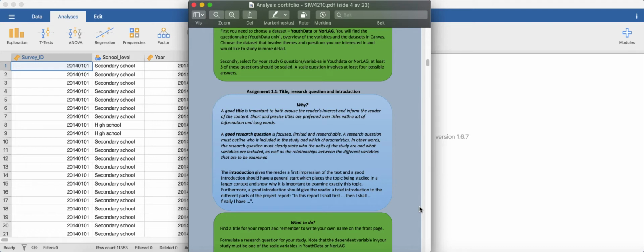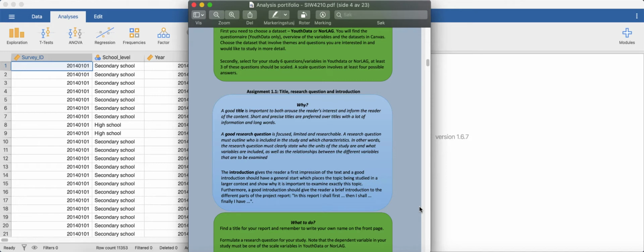A good research question, again, is focused, limited, and researchable. A research question must outline who is included in the study and which characteristics. In other words, the research question must clearly state who the units of study are and what variables are included, as well as the relationship between the different variables that are to be examined.